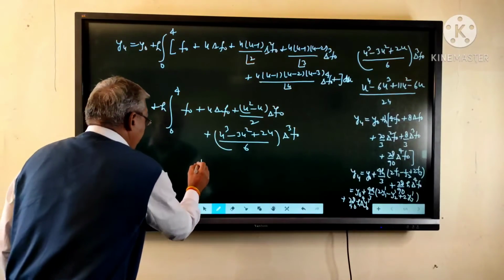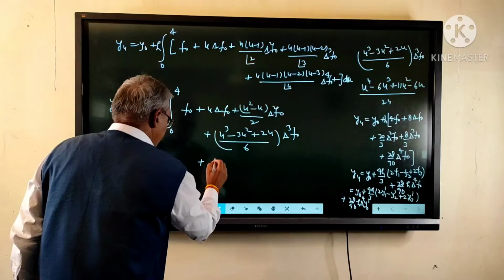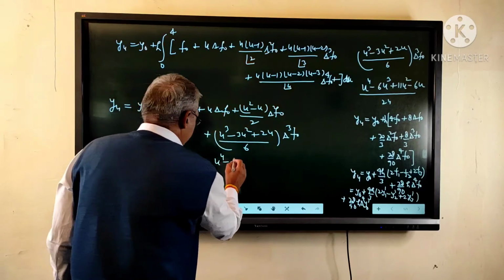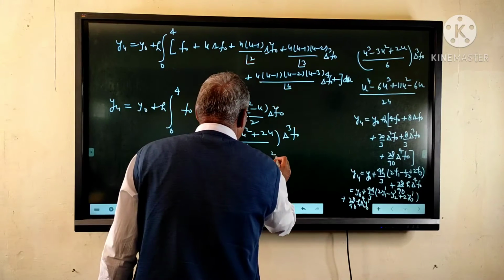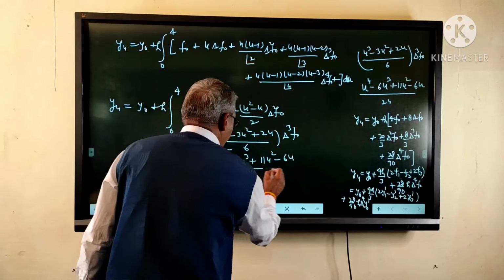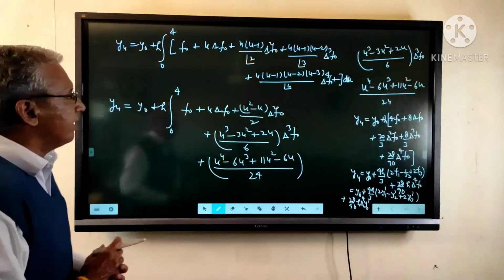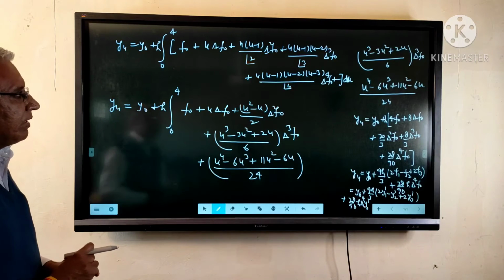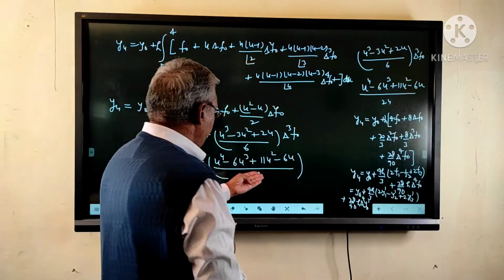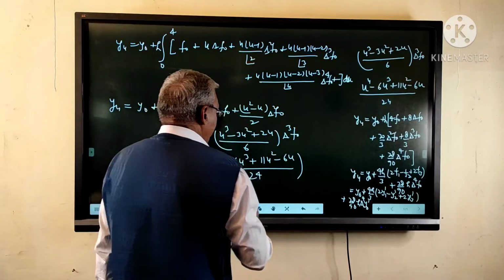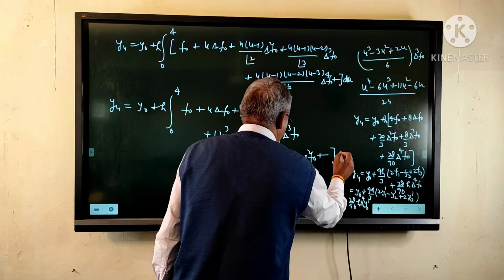After multiplying the linear factors u into u minus 1, u minus 2, u minus 3, we have u4 minus 6u cube plus 11u square minus 6u upon 24, del 4 f of 0, plus and so on.